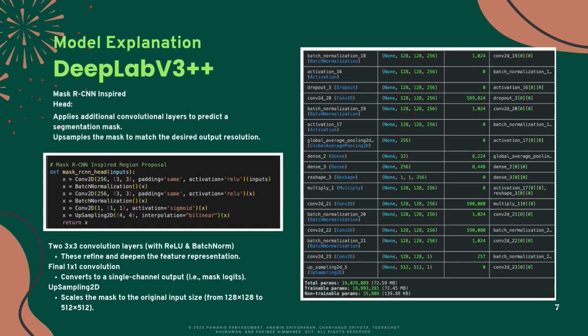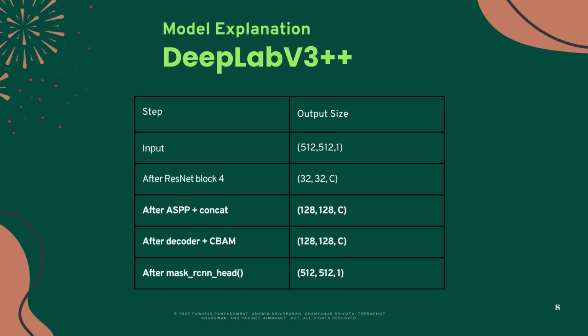Next, we added a decoder head inspired by Mask R-CNN. This part includes a couple of convolution layers to fine-tune the features, and then it upsamples the result back to the original size. So instead of really low-resolution masks, we get much cleaner, more accurate predictions.